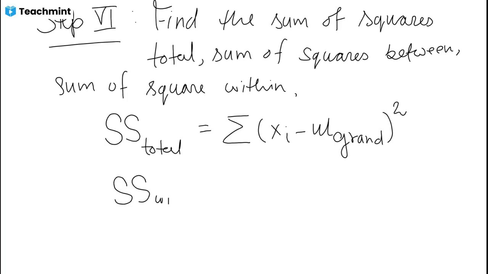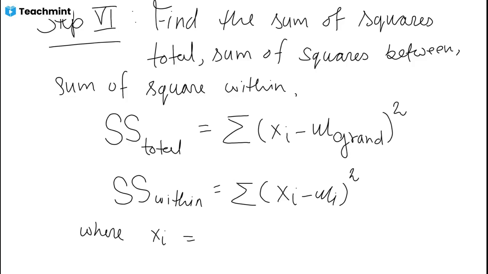Sum of square within is equal to summation of xi minus mu i, square, where xi is the ith sample and mu i is the mean of the ith group.